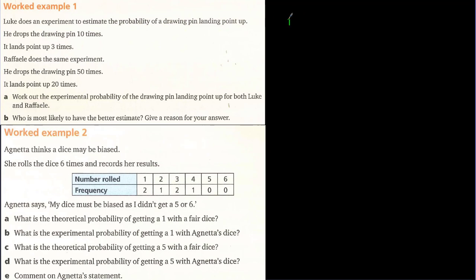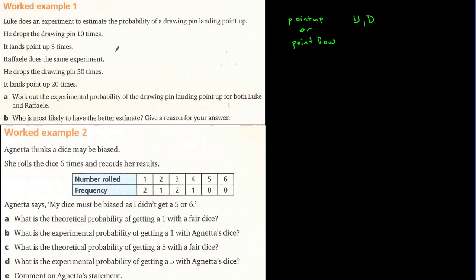There are two results: point up or point down. So when you do this experiment, theoretical probability says that if you do this 10 times, 5 times it should land up, 5 times it should land down.